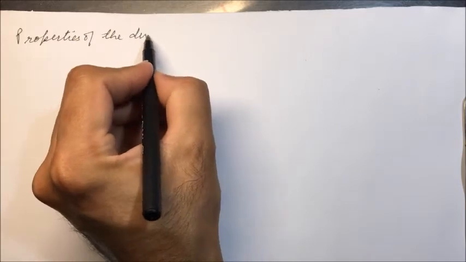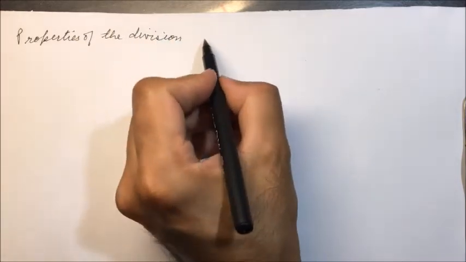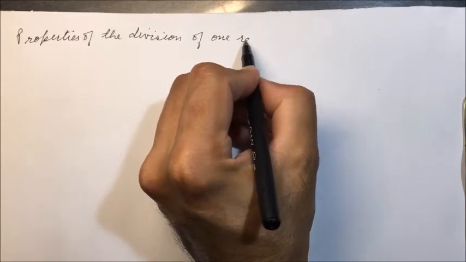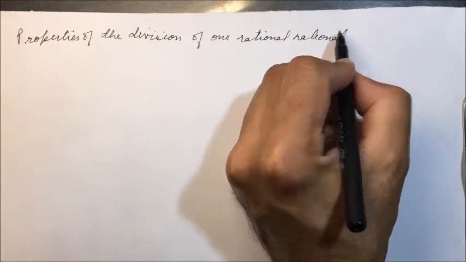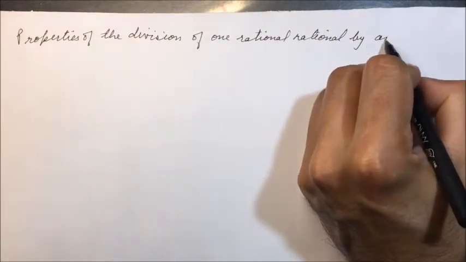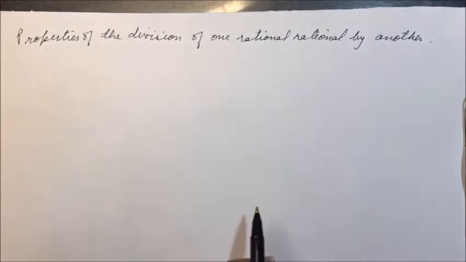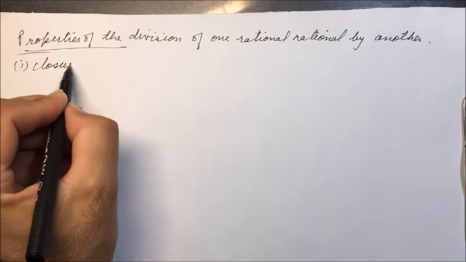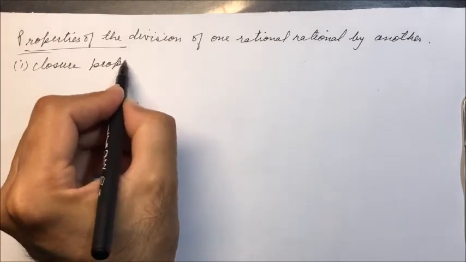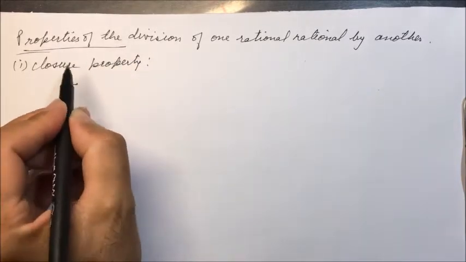So we will be discussing properties of the division of one rational number by another. The first property we will be discussing is closure property. And what is closure property?